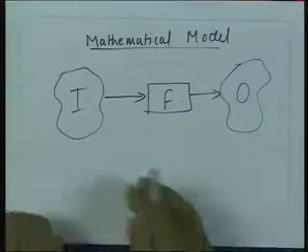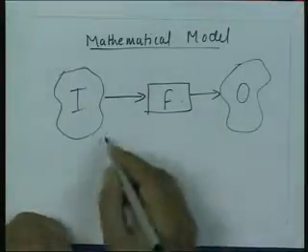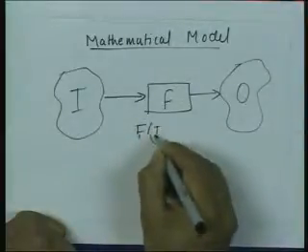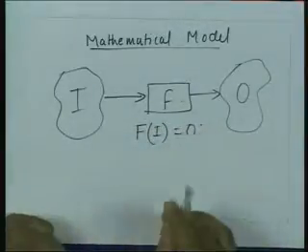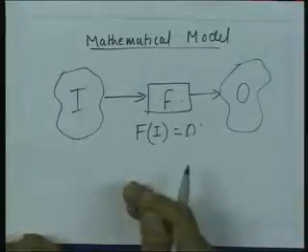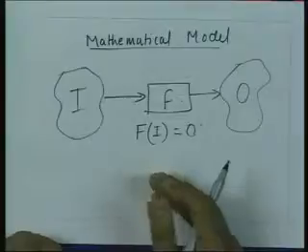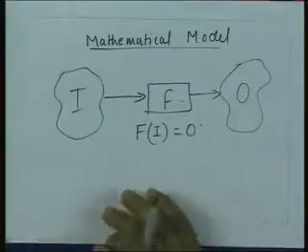So a program is in a sense a mathematical object, and we can write f of I equals O. The language being used here is nothing but a mathematical notation, and therefore we can prove certain properties about it.